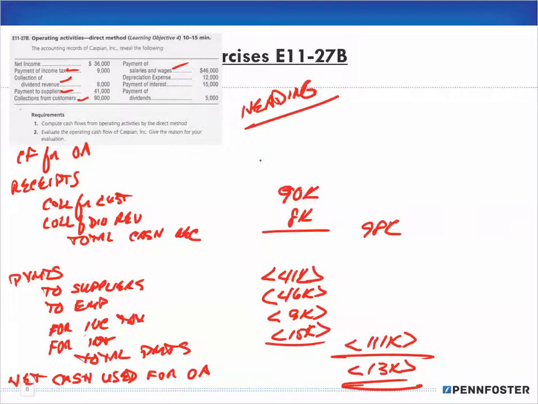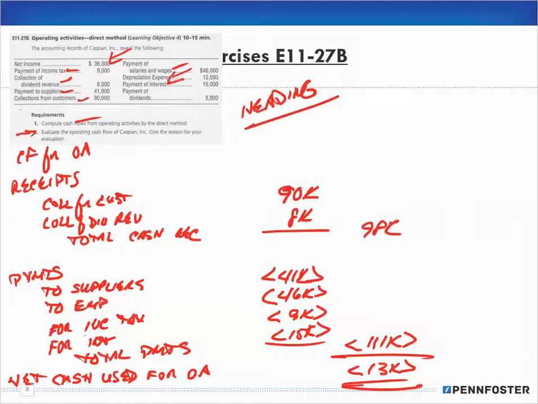Okay, so that's the bottom line. That's computing the cash flows for the operating activities, number one. But before I address number two, notice up here when you're looking at this data that I didn't use the net income, because we use the net income when we're using the indirect method.